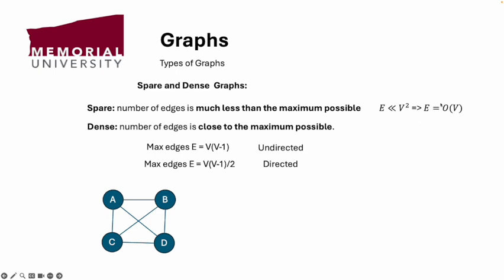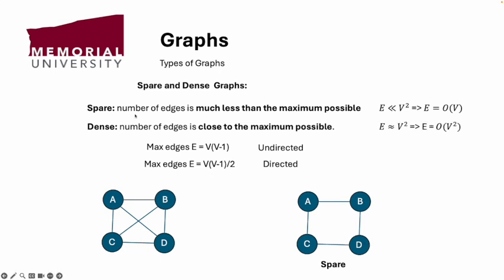So what will the big O be? We focus on the range between V and V squared. The big O of this case is equivalent to big O of V. For example, in this case we can call it a sparse graph because the number of edges is close to big O of V, a linear relationship.